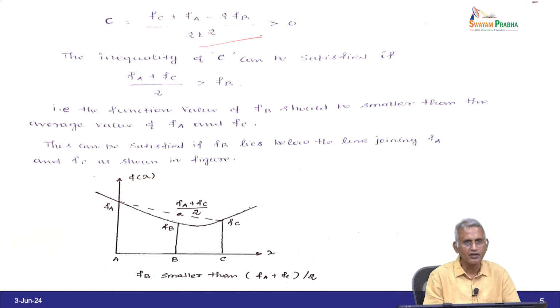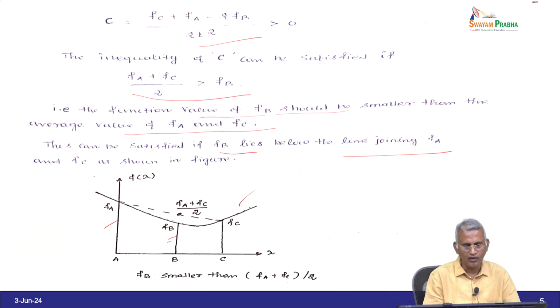This inequality on c can be satisfied if f of A plus f of C by 2 is greater than fb. That is, the function value fb should be smaller than the average value of f of A and f of C. So, this can be satisfied if f of B lies below the line joining f of A and f of C, as shown in the figure.